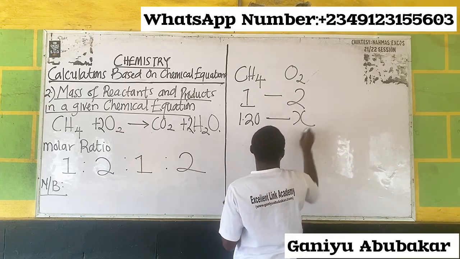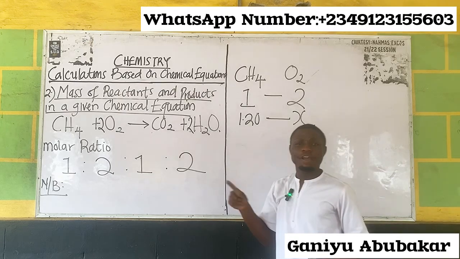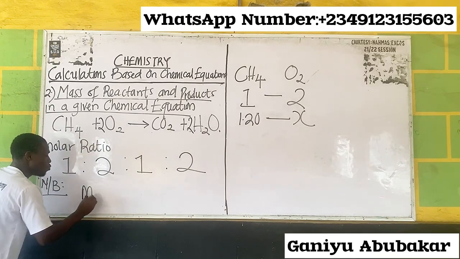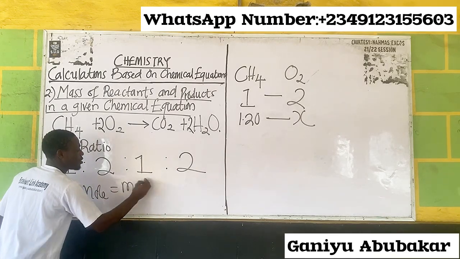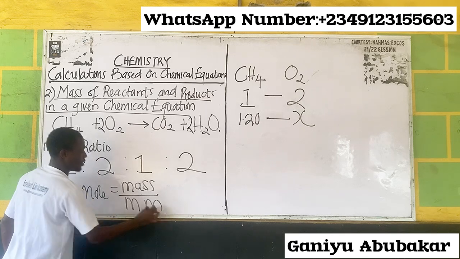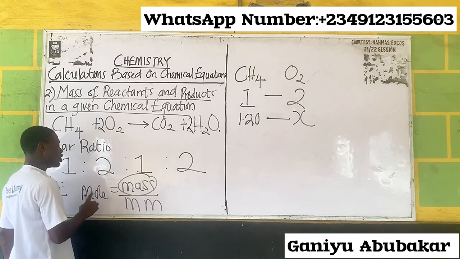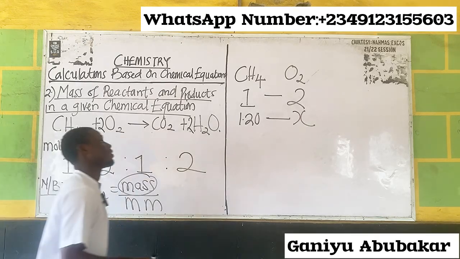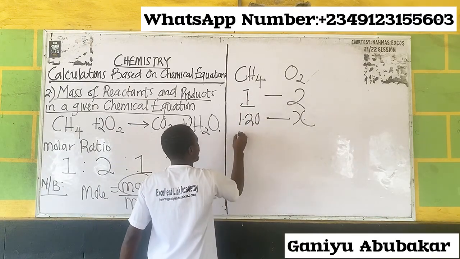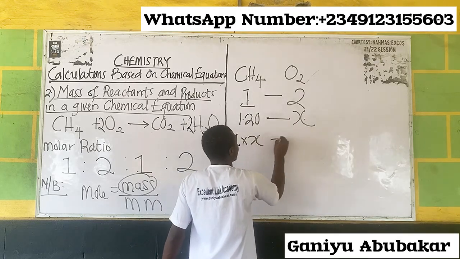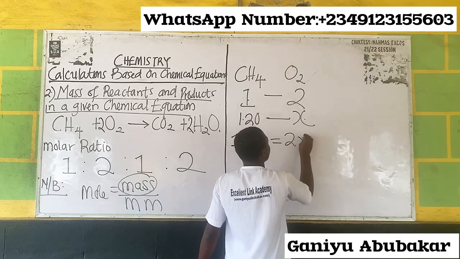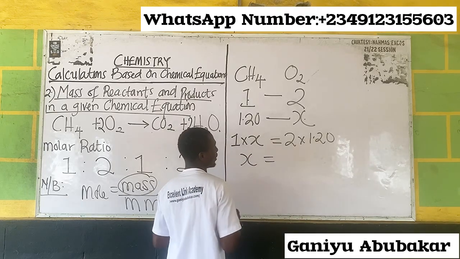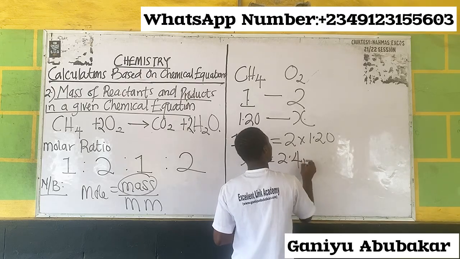Oxygen we call X because we don't know the mole yet. We are asked to find mass, not mole, but we can't find mass without mole, because mole is mass over molar mass. So 1 times X equals 2 times 1.20. This gives X equal to 2.4 mole.